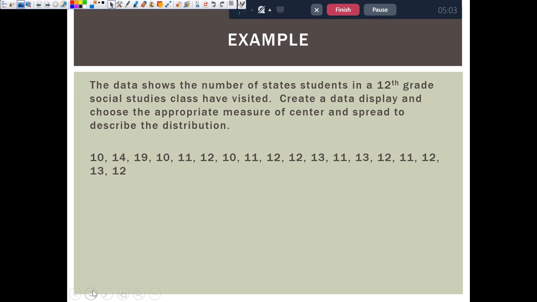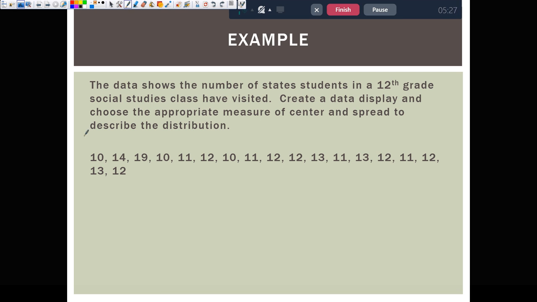Okay, the data shows the number of states students in the 12th grade social studies class have visited. Create a data display and choose the appropriate measure of center and spread to describe the distribution. Okay, so I'm going to first list my numbers from least to greatest, and then we are going to create a data display. So I'm going to list all my numbers.